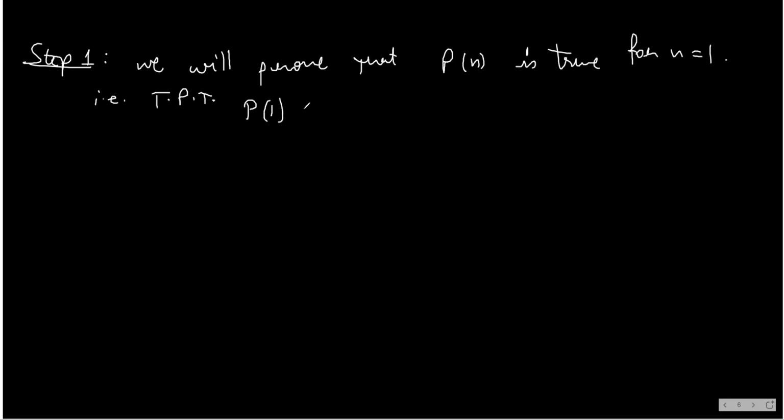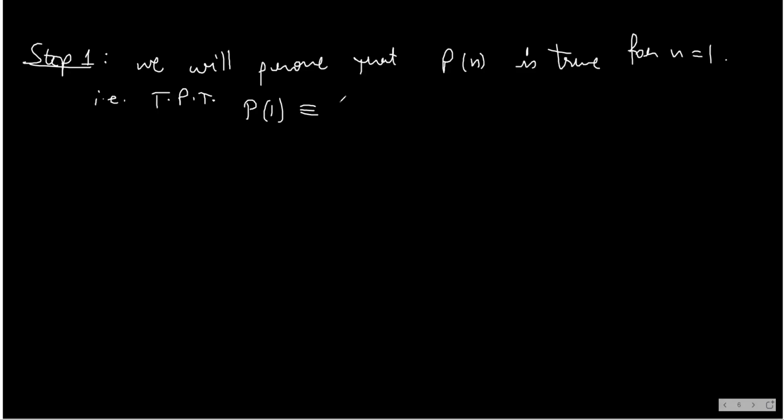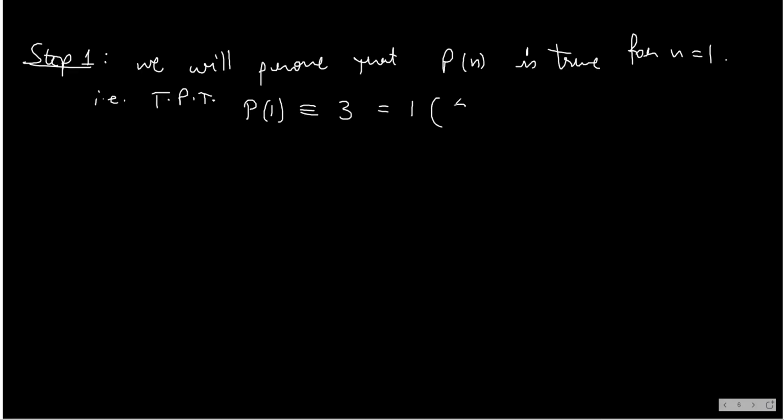That is to prove that P of 1, which is just one term, is true. You put n as 1, so you'll be left with just one term: 4 into 1 is 4, minus 1, 3. So you have 3 equals to n into 2n plus 1, with n as 1, so 1 into 2 into 1 plus 1.